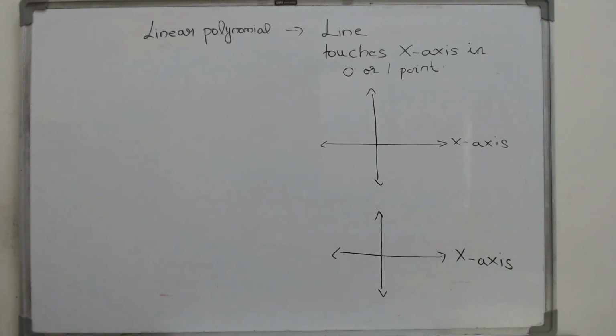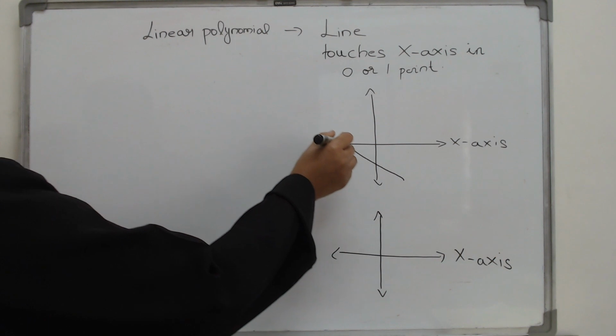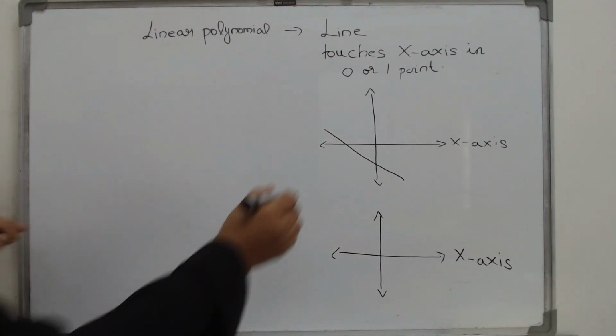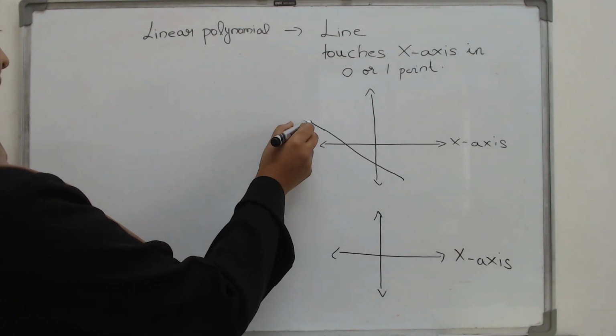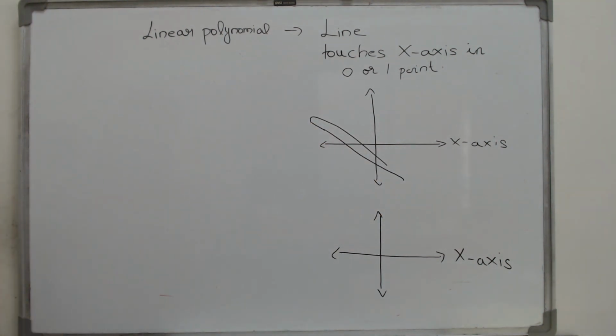Why is that? Let us see. Suppose you have a line, it goes like this. It will touch the x-axis only once. Now it will not go like this, change its mind and say, okay, let me touch the x-axis once again. That is not going to happen because what you have is a straight line. So maximum one time it can touch.